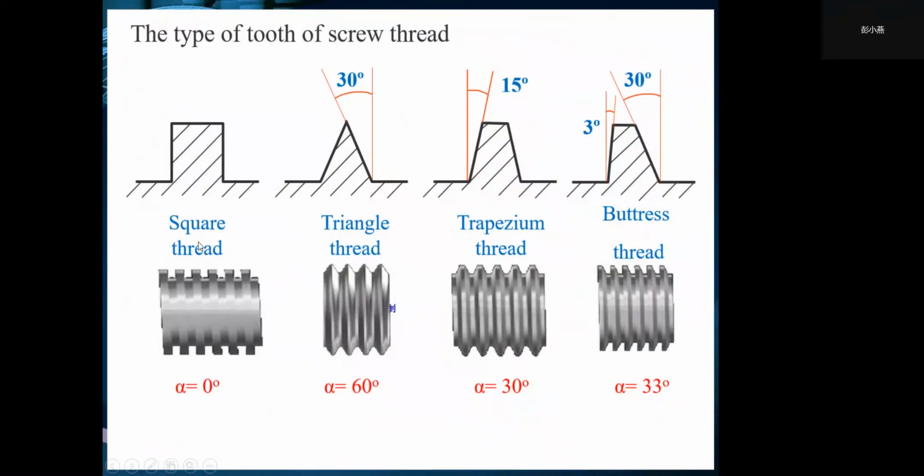For square thread, the thread angle alpha is 0, for triangle thread, alpha is 60 degrees, for trapezium thread, alpha is 30 degrees, and for buttress thread, alpha is 33 degrees.